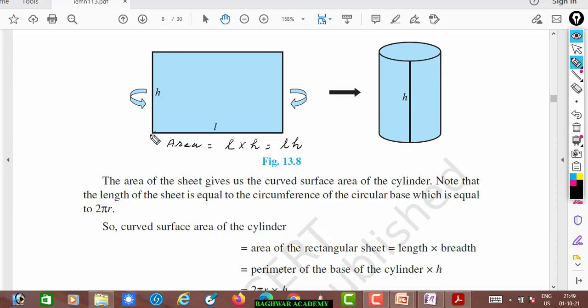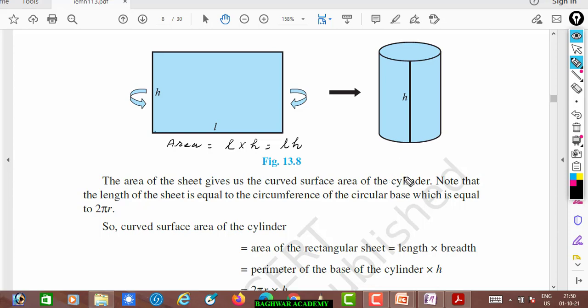If this is in circular shape in this way, in that case, what will this area be? This will be the perimeter, or just find out the length of this. The rectangle has been converted into a circular form. So the length of this rectangular shape here will become the circumference of this circular figure.